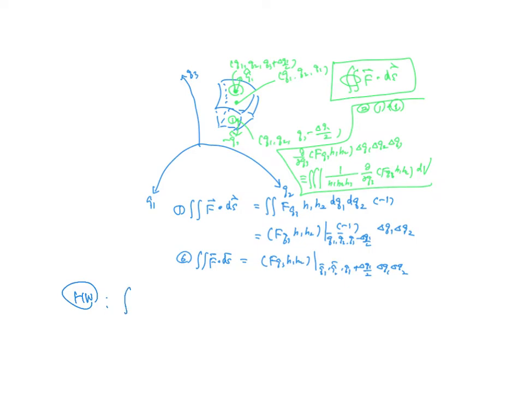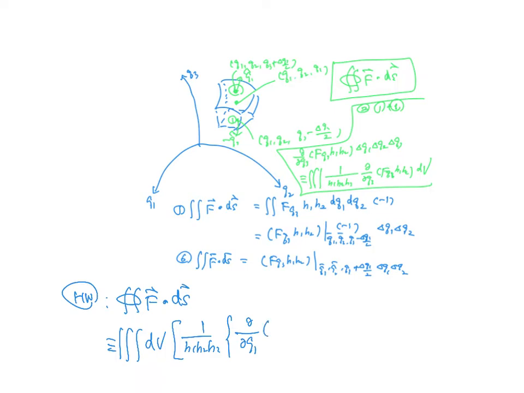So the closed integral becomes dV, h1 h2 h3, partial q1 partial, F q1 h2 h3.